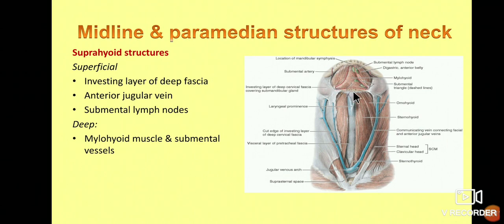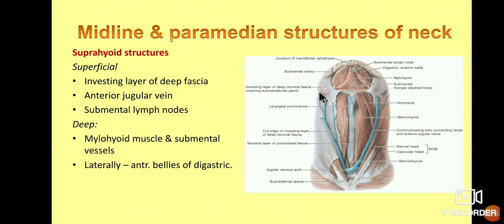So in the suprahyoid region, mainly you see the two anterior bellies, then the mylohyoid muscle, and then the submental lymph nodes. Enlargement of the lymph nodes, naturally, should make you suspect infections or carcinoma of the tongue, mainly the tip of the tongue.